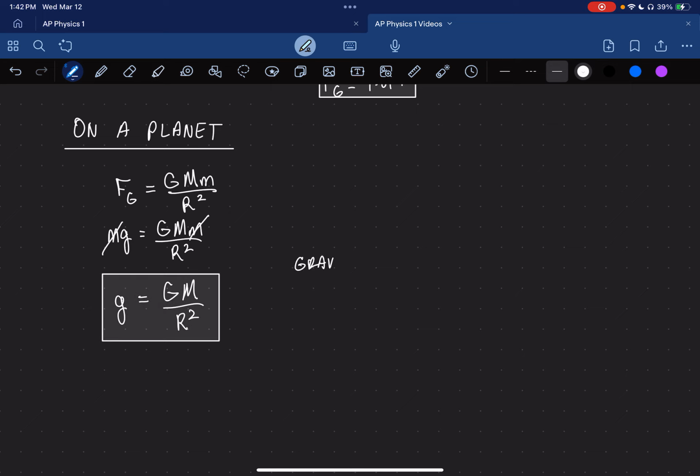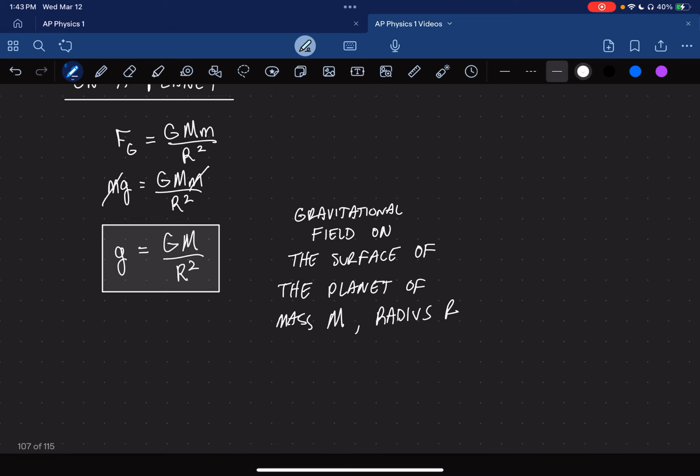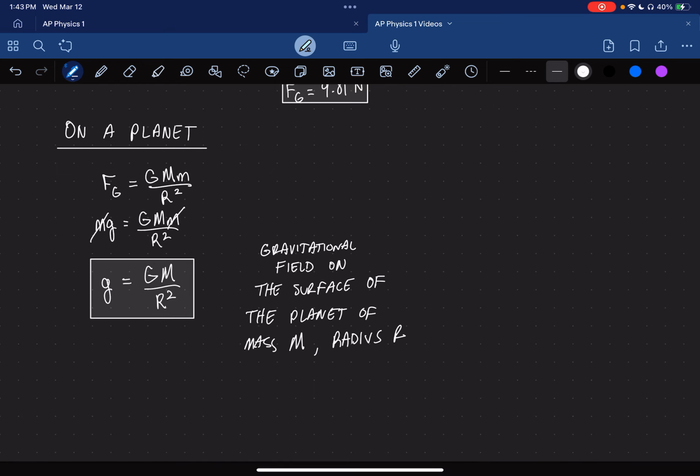So this is the gravitational field equation, basically at the surface of the planet of mass capital M, radius capital R. Oh, and I forgot to mention this in class.